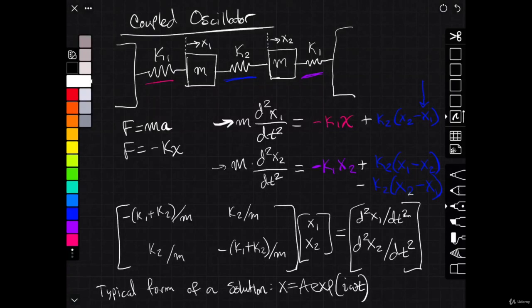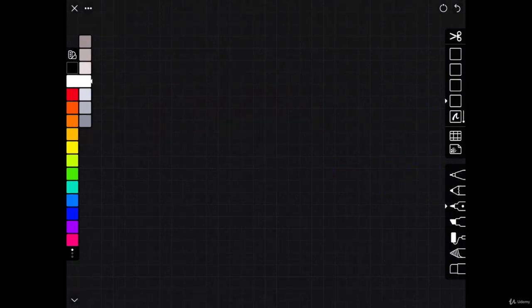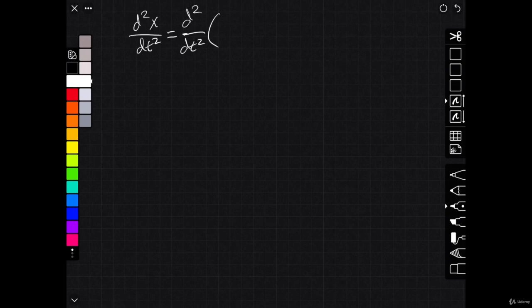And what this gives us is effectively, if we take this value here, d2x over dt squared. Here I would just substitute the general solution for x. You would get d2 over dt squared of a times the exponential of i omega t, right?